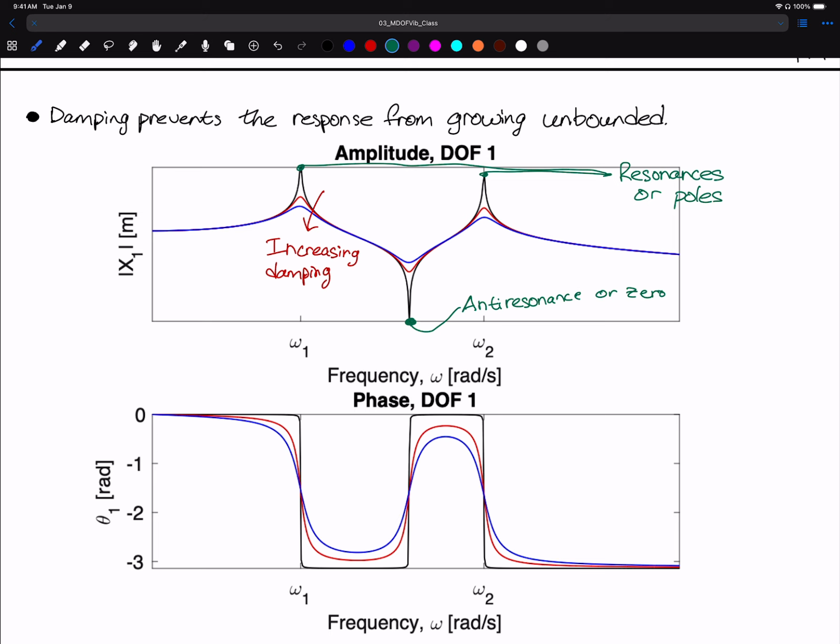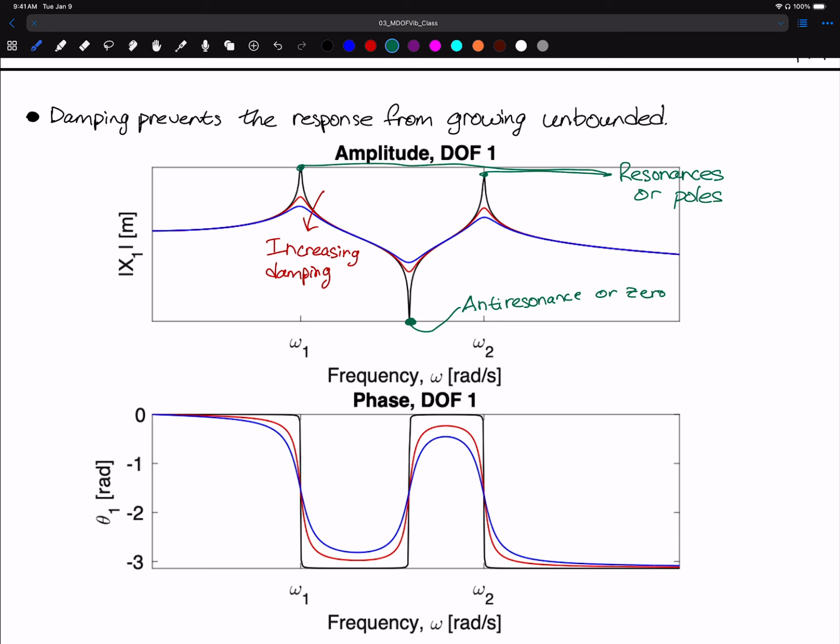So the key thing is that at an anti-resonance, you get a very, very low response. So if you want your system to survive for a very, very long time under forcing, then it needs to be forced near a zero. On the other hand, as you increase the damping in your system, while you reduce the amplitude of the resonance peaks, the price you are paying is that you increase the amplitude of the zeros or the anti-resonances.